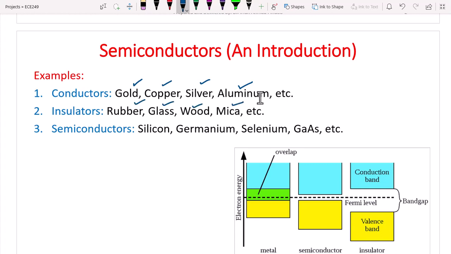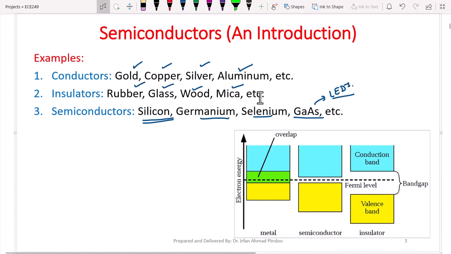And regarding semiconductors, the most important example is silicon, because around 95% of the material that we build in electronics is made of silicon only. Then the other materials are germanium, selenium, and gallium arsenide. The LEDs that we currently use at our home are made of gallium arsenide. So these are the different materials which can be given as examples for semiconductors.